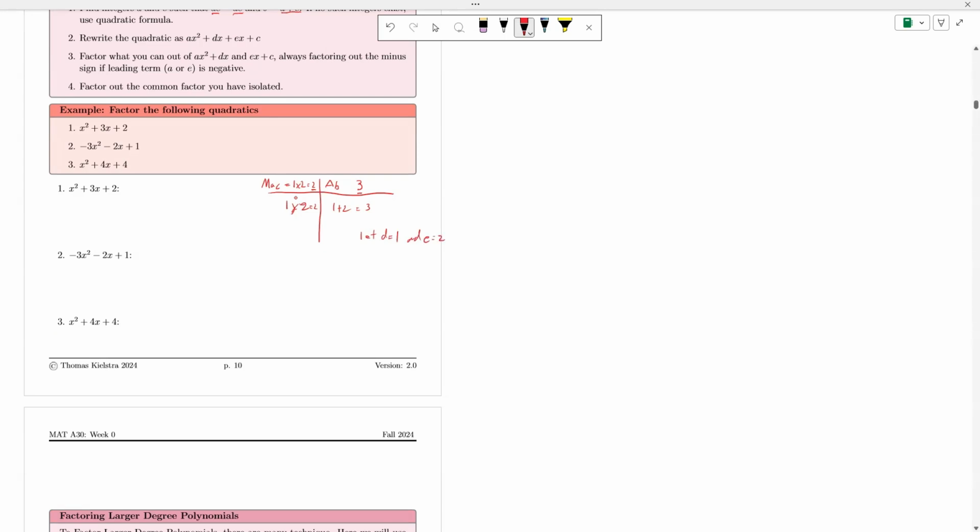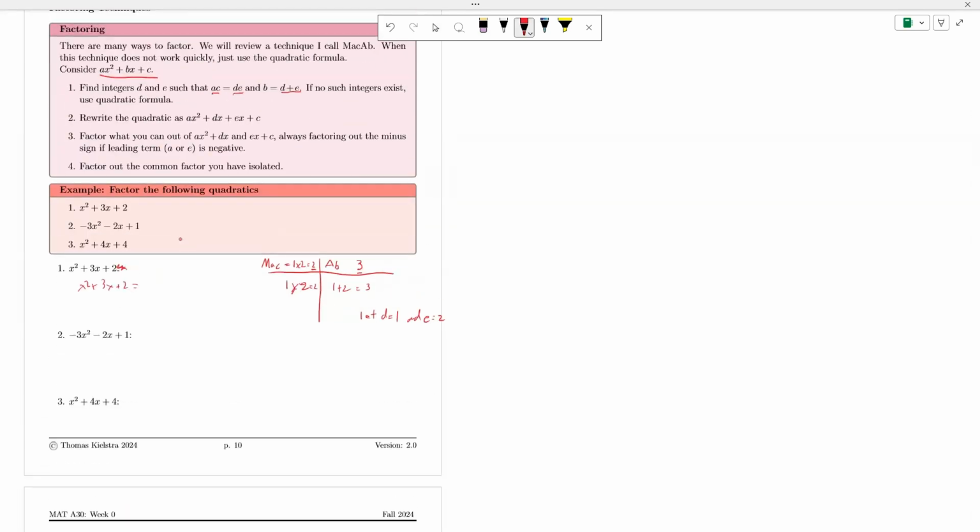We do this, this expression, x squared plus 3x plus 2 equals, we're going to rewrite this using D and E. So it's x squared plus 1x plus 2x plus 2. And now out of our first two terms here, we're going to factor out what we can.